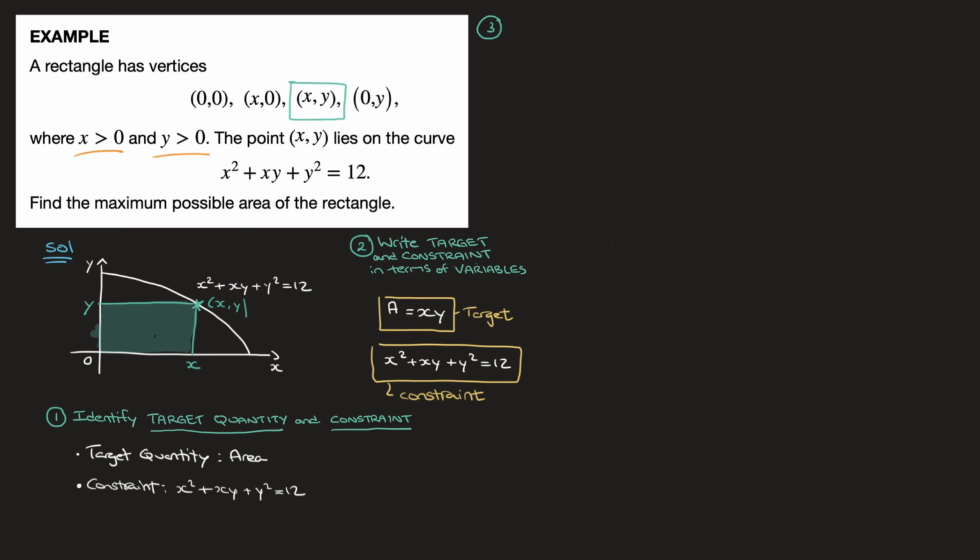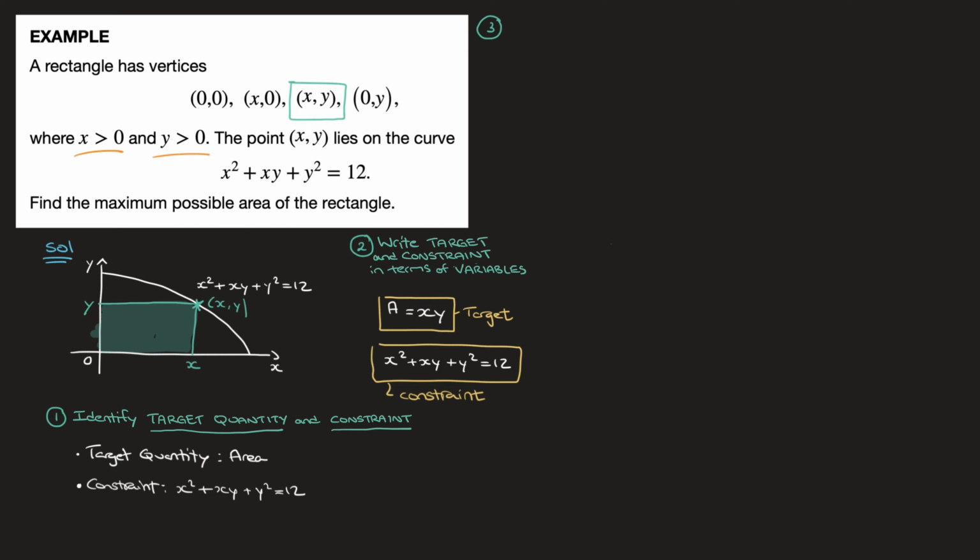Remember, we had said that in step 3, the idea is to rearrange the constraint we have in order to make either x or y the subject, to then eliminate that variable in the expression we have for the target quantity. But the issue we'll be faced with here stems from the fact that the constraint we have here is defined implicitly. And so when faced with constraints like this one, we'll speak of implicit constraints.